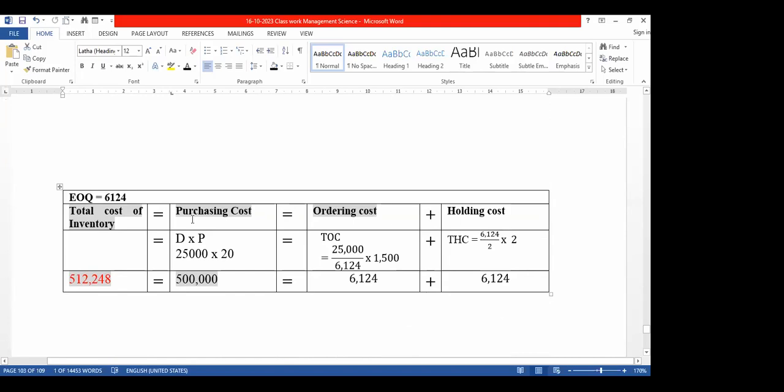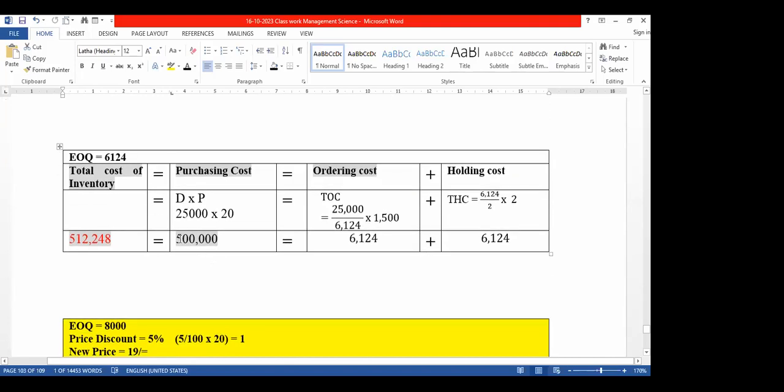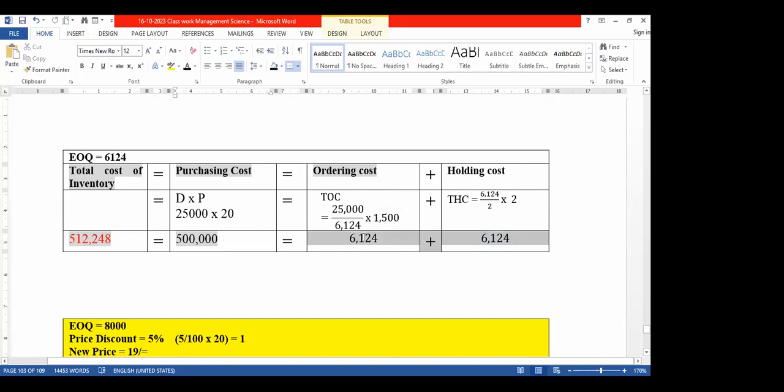The purchasing cost is 225,000 into 20. Then ordering cost and holding cost are the same in the EOQ, because that is one of the assumptions on which the model works. So that's why. Okay, right. I will stop at this point.